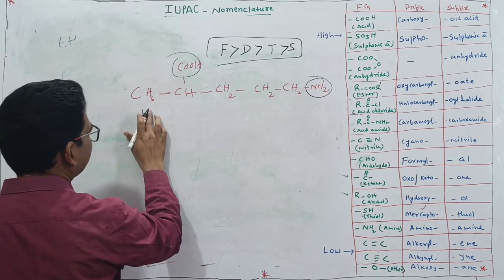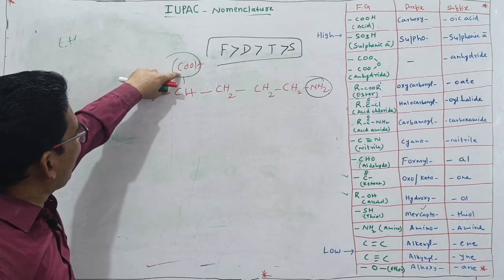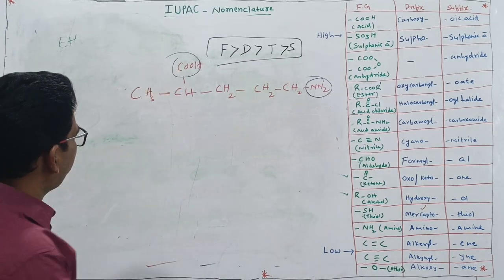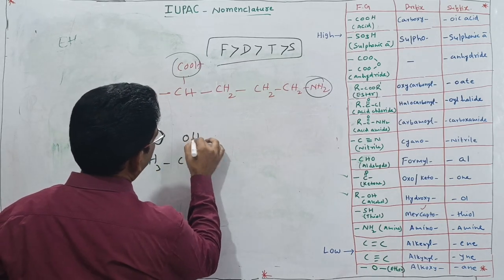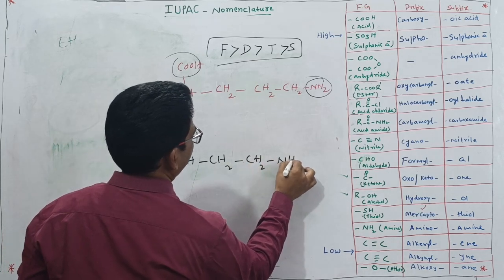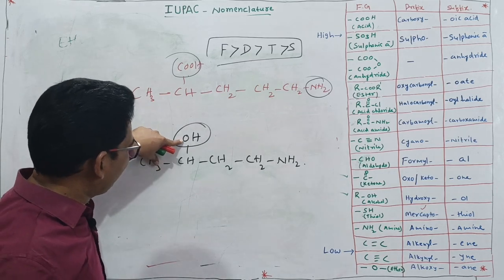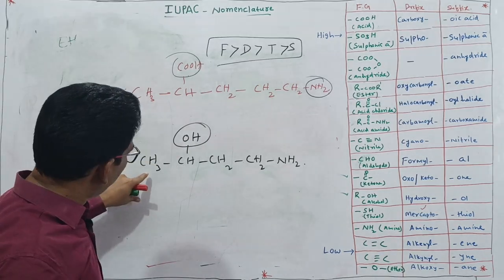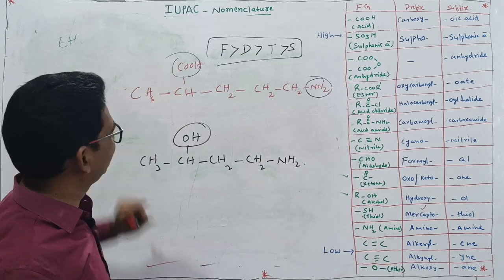Is it from here? No. Why? The acid group has a carbon. Previously, what I wrote, here it had a hydroxy group, here did it have any carbon? No. That's why I started numbering from there. But here a carbon is there.